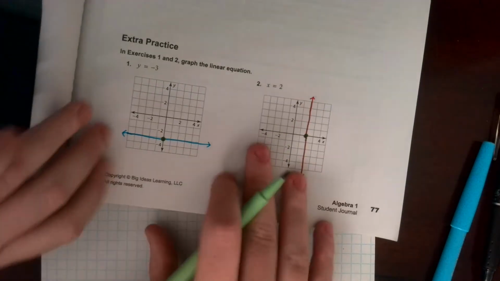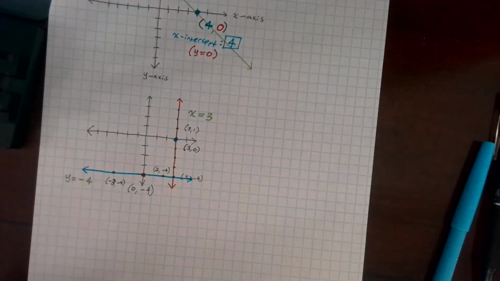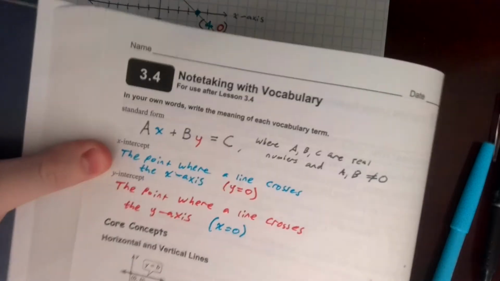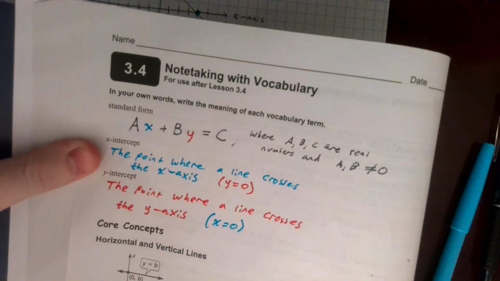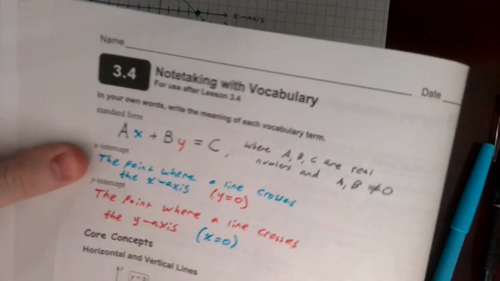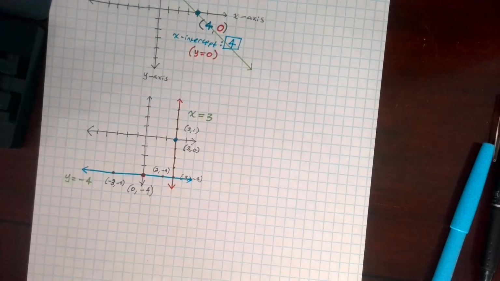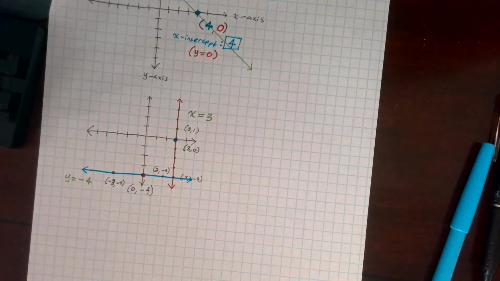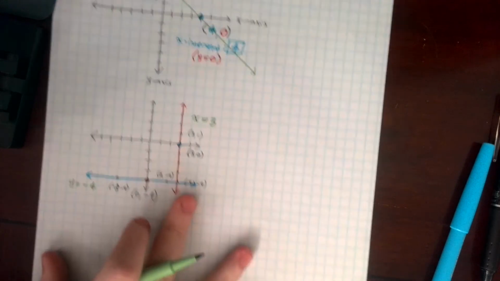All right, let's quickly flip back to 76, where we talked about this standard form. Standard form is a way of writing out the equation of a line that isn't vertical or horizontal, in a way that tells us what the intercepts are.